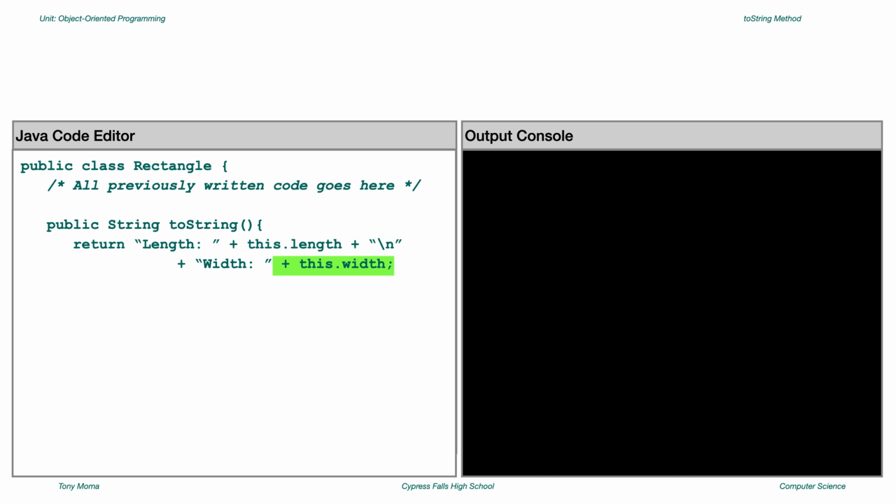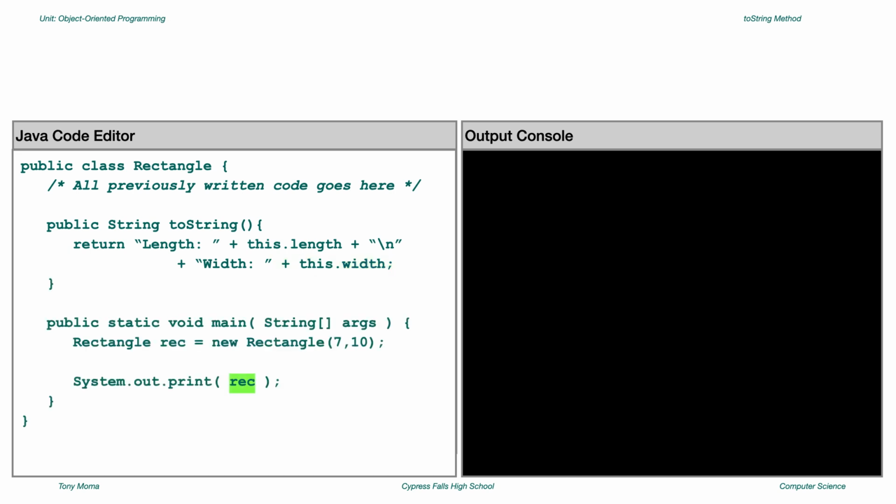If this is how I define toString, then in my main method, when I create a rectangle object with a length of 7 and a width of 10, when I call System.out.print(rec), that's going to be the representation I get on the console. The word length colon followed by the length, and the word width colon followed by the actual width. The beauty of toString is that it gives us the ability to literally represent our classes however we want them to be represented.